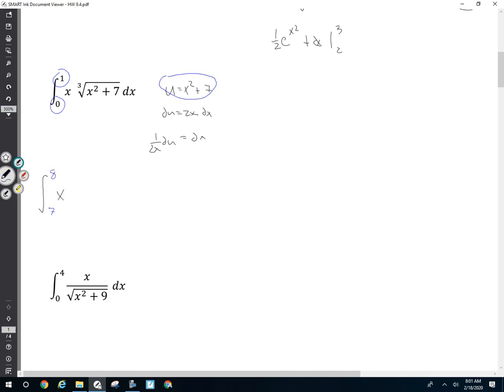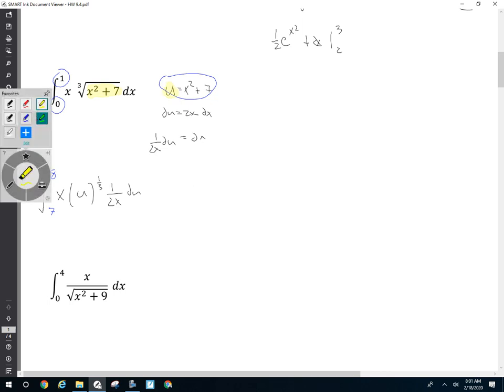This is x cubed root of u, 1 over 2x du. Everything else stays the same. Change the cubed root into u to the 1/3. X's cancel.